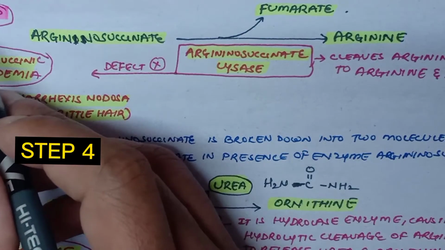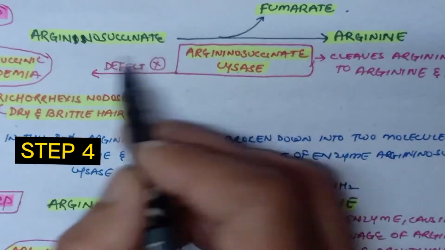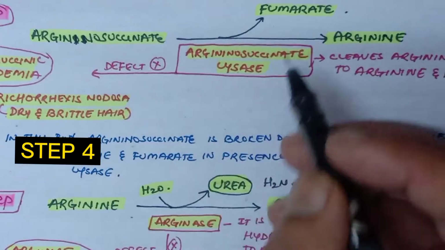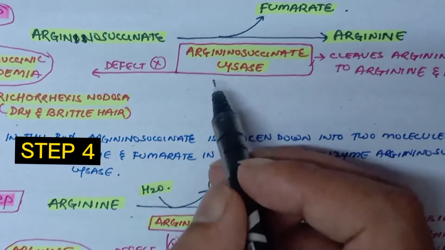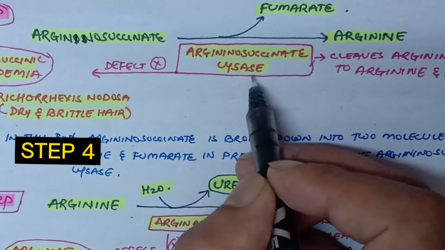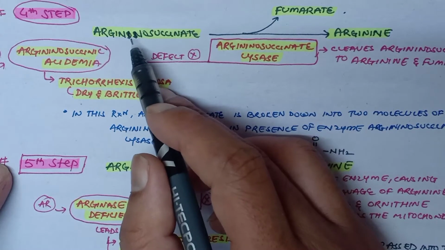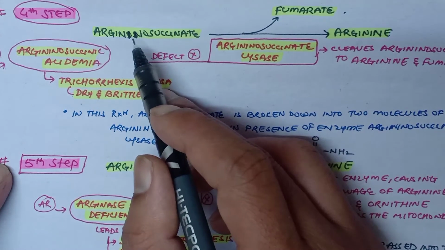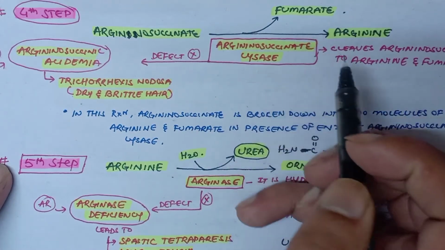Now coming to step 4 of urea cycle, argininosuccinate is broken into two molecules, that is fumarate and arginine, in the presence of the enzyme argininosuccinate lyase. So argininosuccinate lyase cleaves or breaks down argininosuccinate into fumarate and arginine.